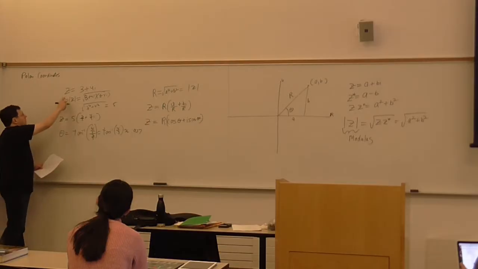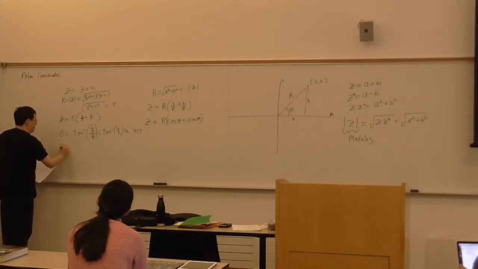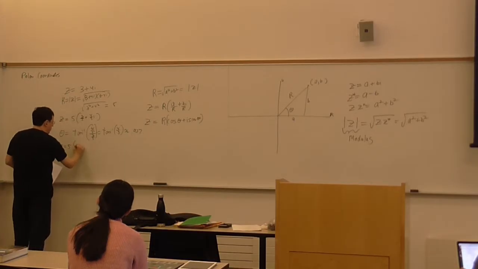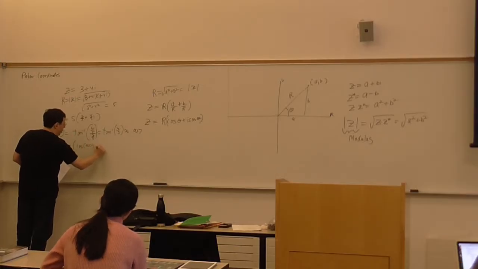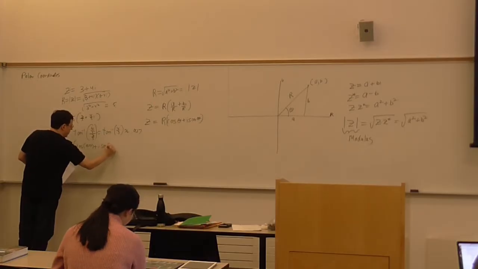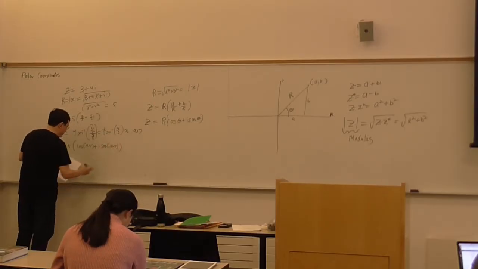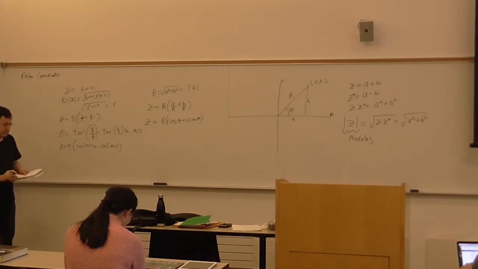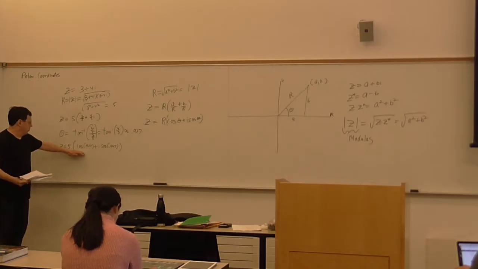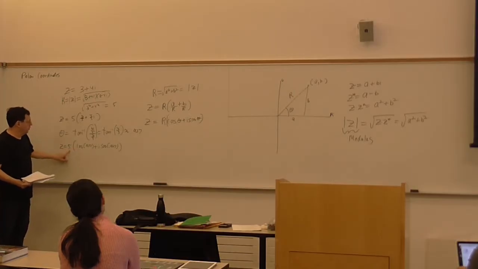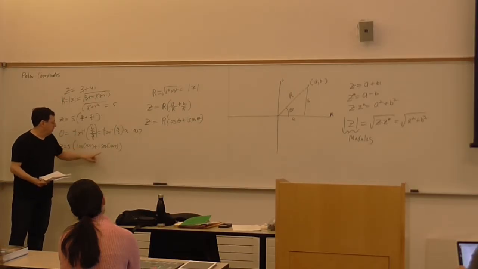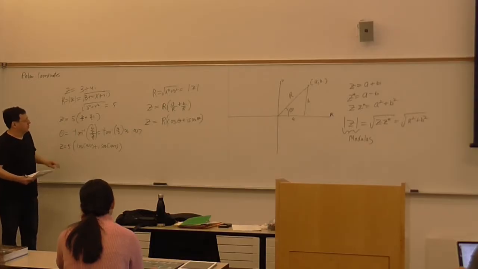So again, we can rewrite z as 5 times the cosine of 0.927 plus i times the sine of 0.927. Converting back from this form to z is pretty obvious. You just evaluate the cosine and multiply by the radius, evaluate the sine and multiply by the radius. So I'm not even going to do that.